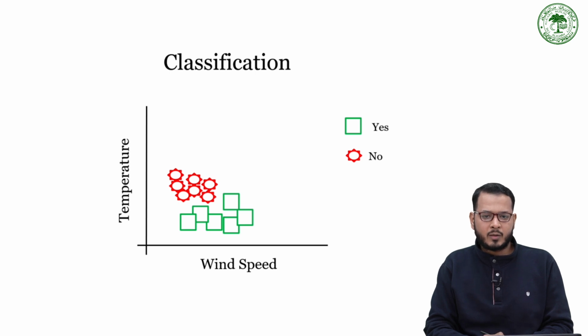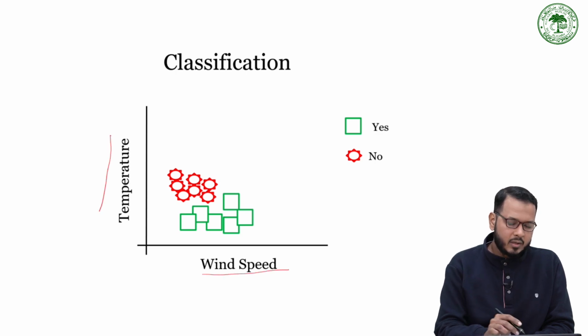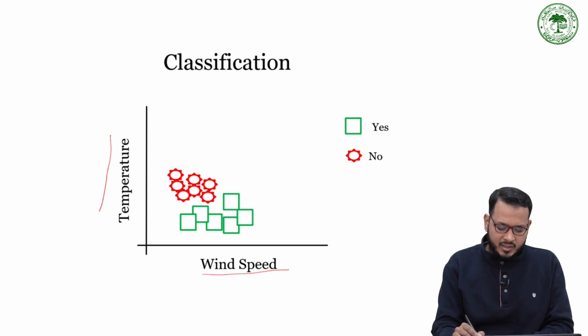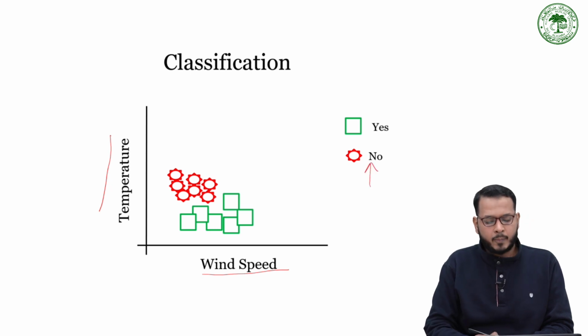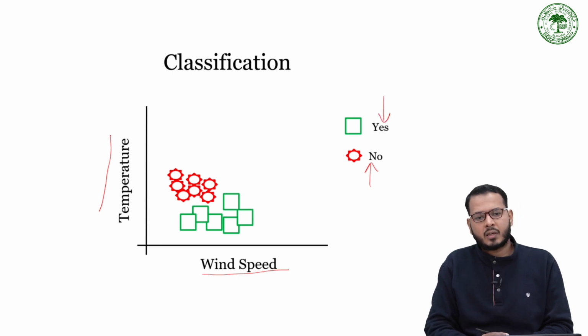then it might look like this, where wind speed is on one axis and temperature on another axis. The red circles represent a no instance and the green squares represent the yes instances.